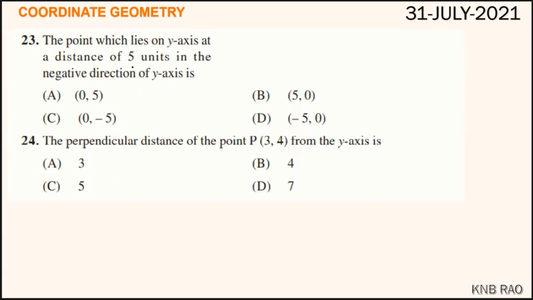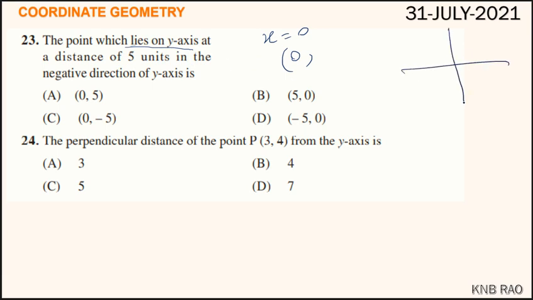The point which lies on y-axis at a distance of 5 units in the negative direction of y-axis is a very important question, good question. When a point is lying on y-axis means x equals to 0, first point. So it has got abscissa being 0, at a distance of 5 units in the negative direction.